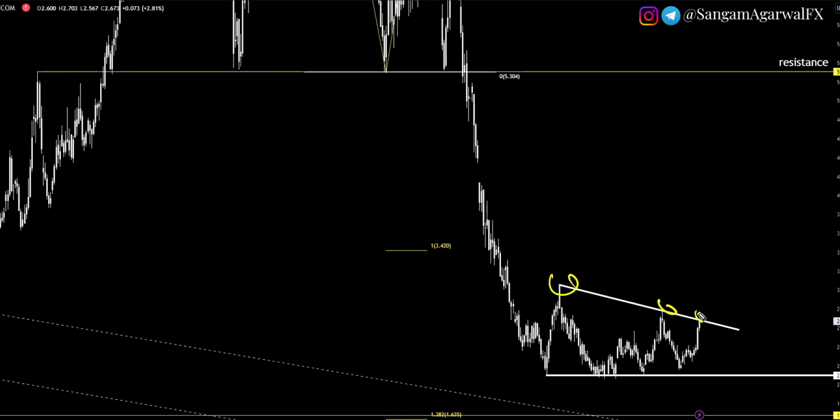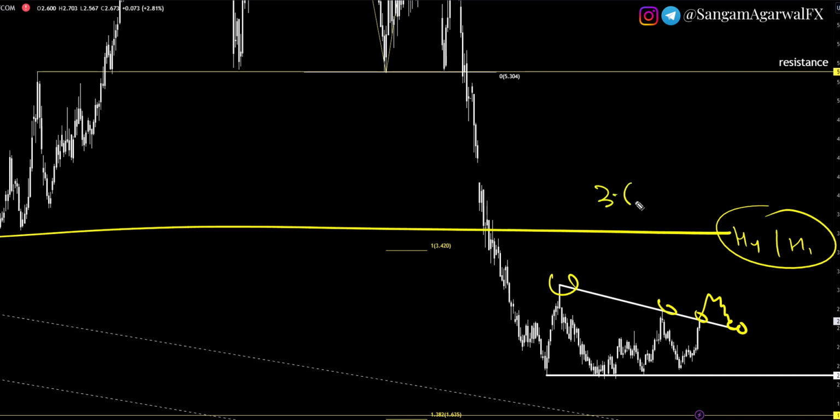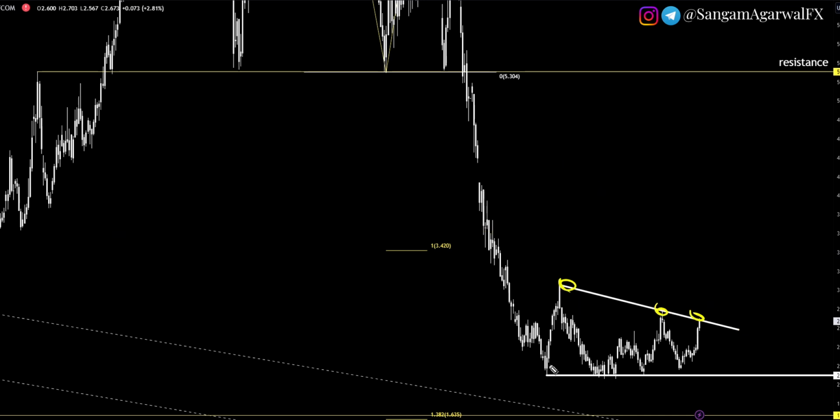And after breakout, if it retests this trend line, and it does a minor retest on lower time frame like H4 and H1, then buy and target 3.6. But this chart pattern is complete. Either it breaks out or goes back to 2.1.